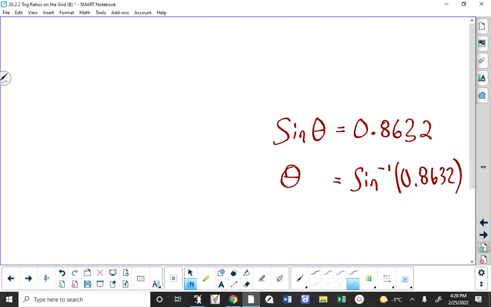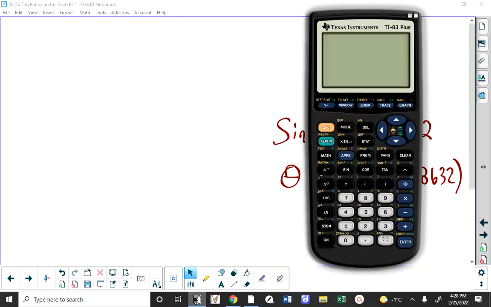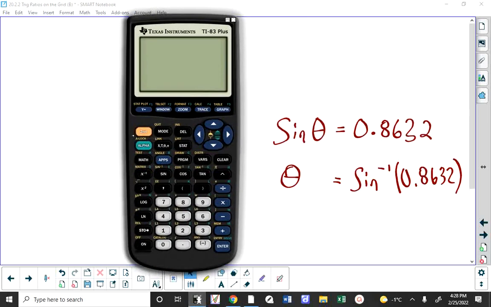And what you would do on your calculator to access the inverse sine function is take second sine. So I hit the second key and then the sine key and put 0.8632 there, and the angle would be 59.7 degrees.